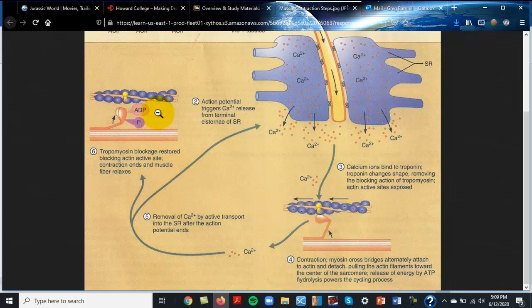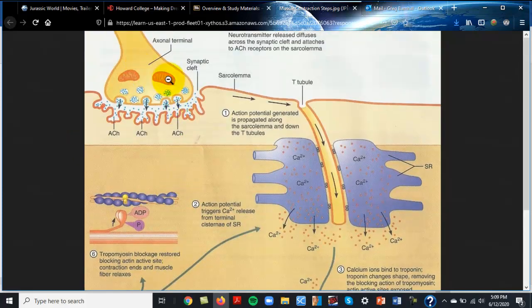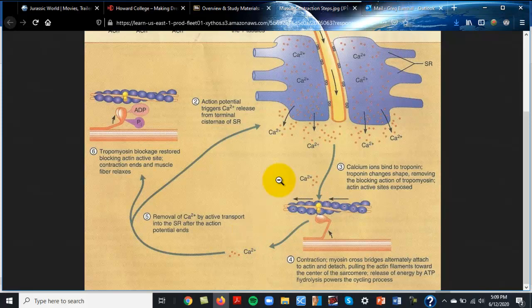It sort of recocks the position. That's why it's showing it uses ATP; it splits an ATP molecule for energy to do that. And that's step number 6. Then the whole thing starts all over again. So when a muscle contracts, steps 1 through 6, that's what happens. It's a cyclic activity, and as long as there's a stimulus, it would keep doing that.